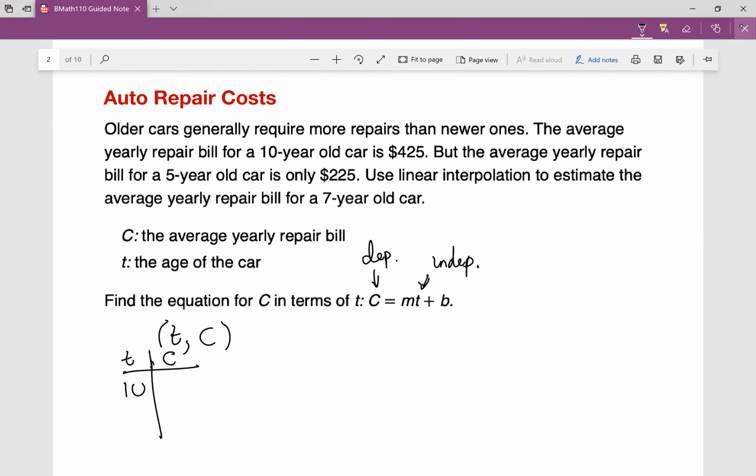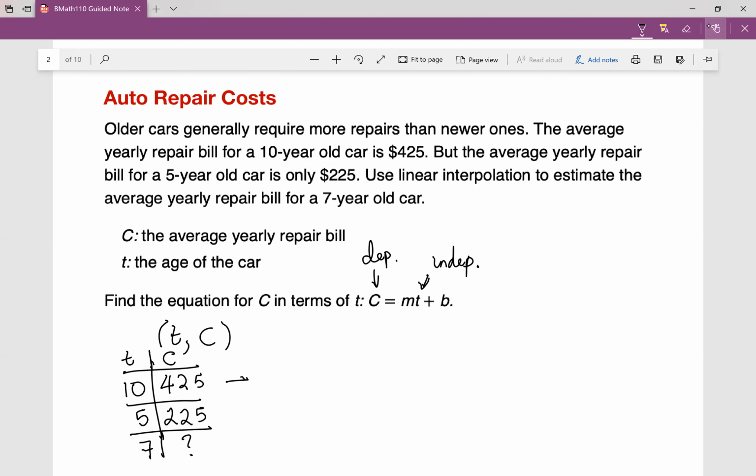So 10, and C, the average yearly repair bill, was 425. And the other one I have is 5, and then 225. The last one we want to find was 7, but C, we don't know yet.